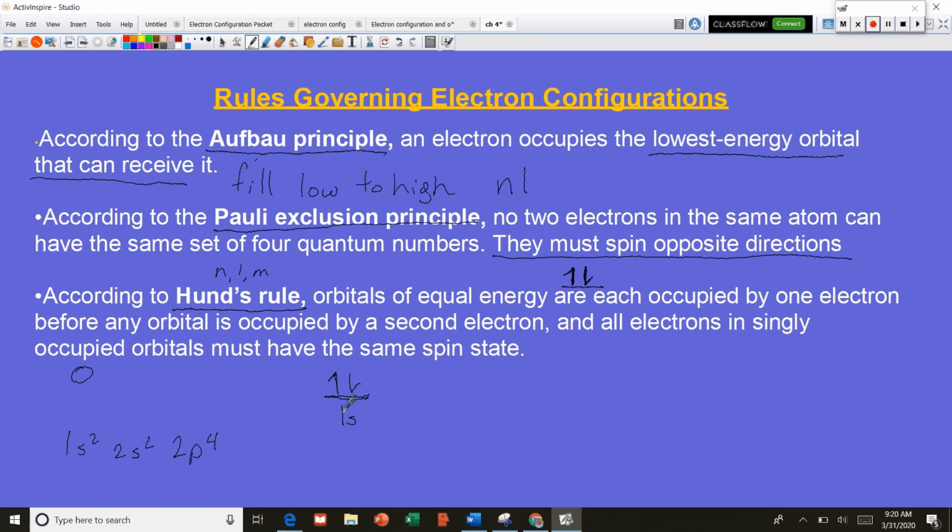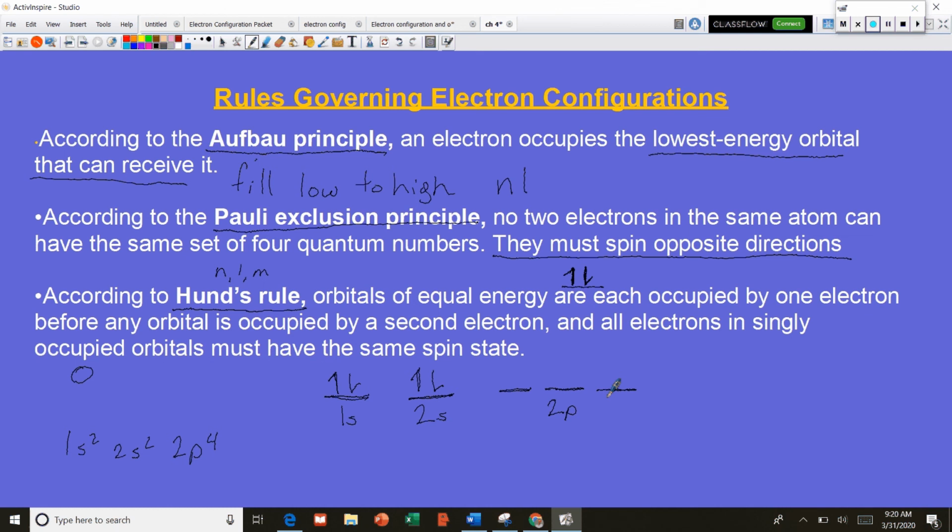So that's my lowest energy level. Then I'll fill the next level, which is 2s. Remember, S only has one orientation, so we have one blank for it. And so I'm going to fill it that way. And then I come to this 2p. And if you recall from the previous slide, P has 3 orientations.